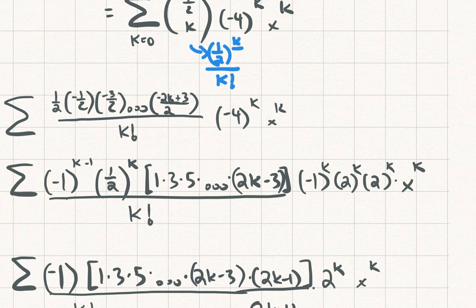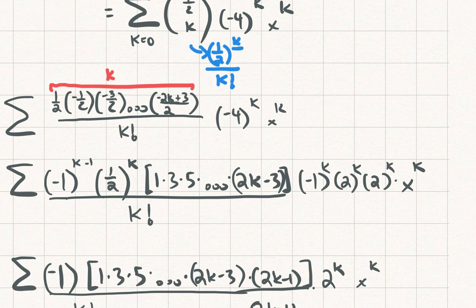I'm going to write down the numbers starting at a half and then decreasing by 1, k consecutive ones. So a half times negative a half times negative 3/2, and you can check this goes all the way down to minus 2k plus 3/2. So there indeed are our k numbers in our falling factorial.